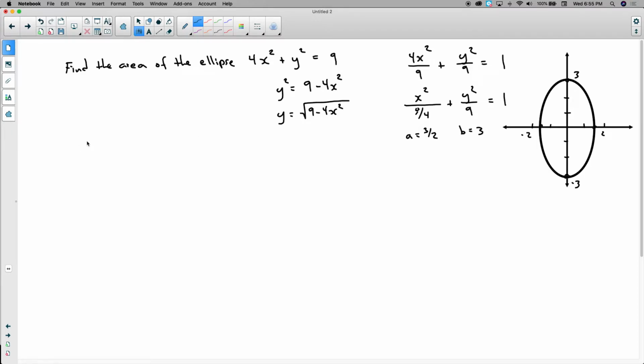And then what we're after is the integral of the square root of 9 minus 4x squared dx from -3/2 to 3/2 times 2. Because this root is describing only the top half of our ellipse, so without multiplying it by 2, we would just get the area along the top from -3/2 to 3/2. So then we need to make sure to double it.